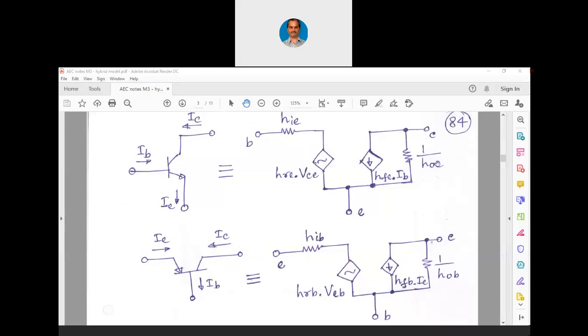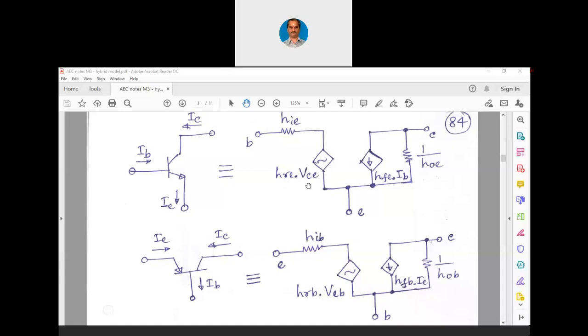But at the output it is volts. In such a case, this value of HRE is going to be very small. The input voltage compared with the output voltage is very small, and hence this whole term, HRE into VCE, can be ignored.